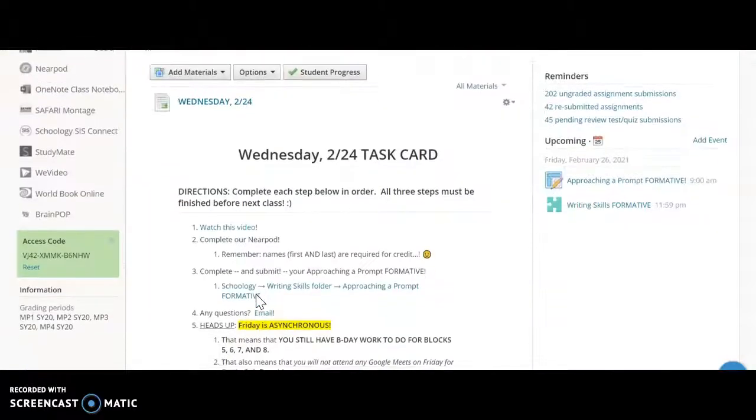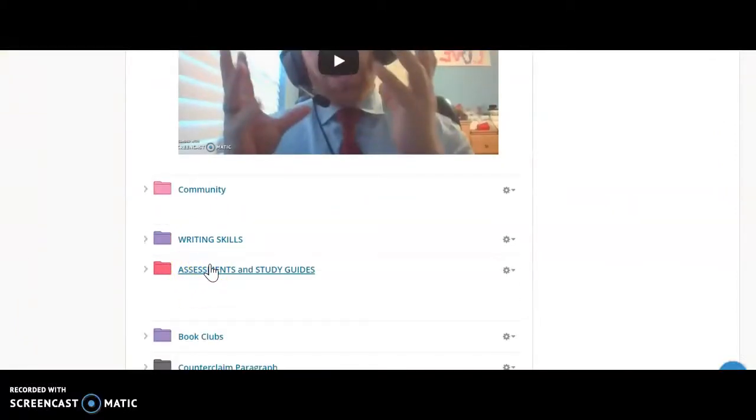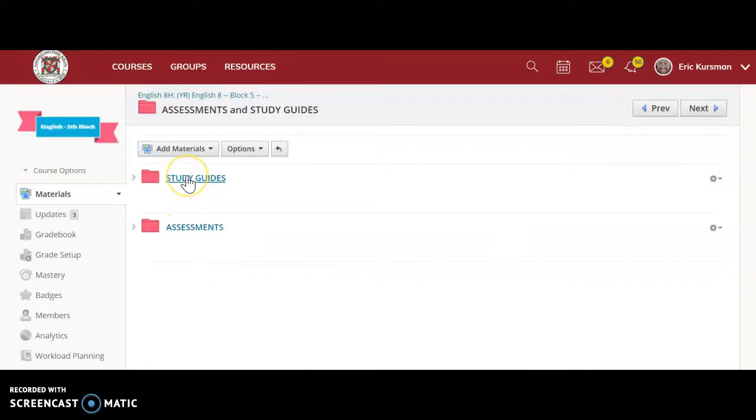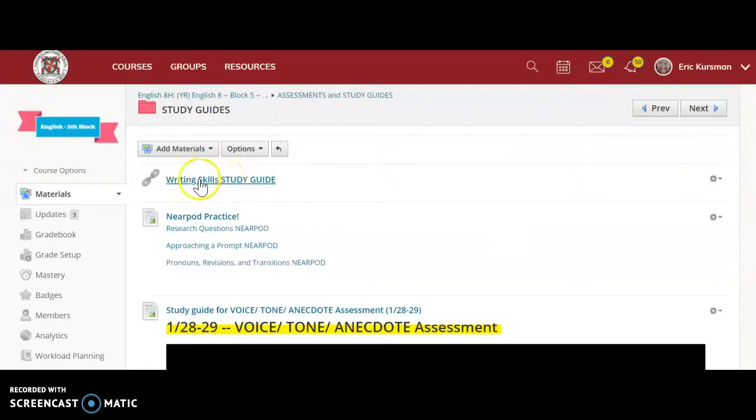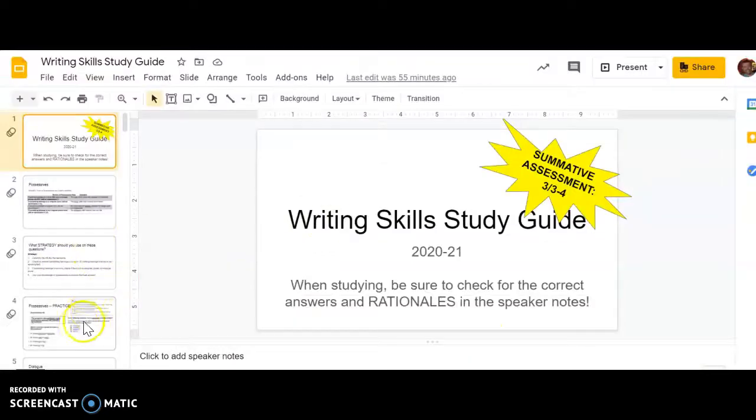Now, if you want to study up before your actual test on Wednesday that counts for a major part of your grade, you can always take a look at our study guide. I'll show you where that is. From our Schoology, scroll down to where you'll find assessments and study guides. Go into study guides, and at the very tippy top, you'll see this guy. If you click on this guy, this is what you'll see.